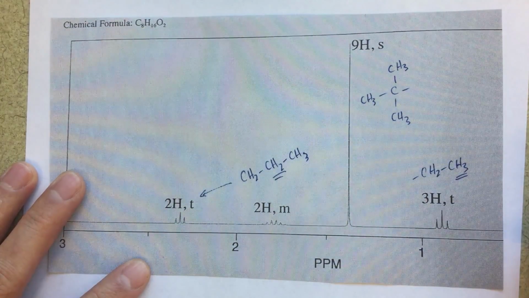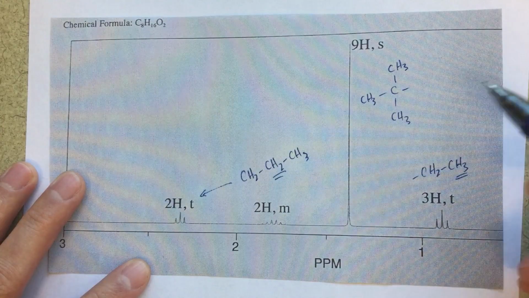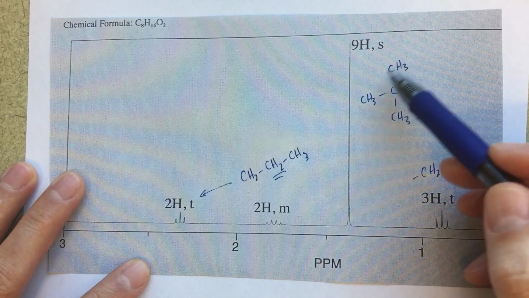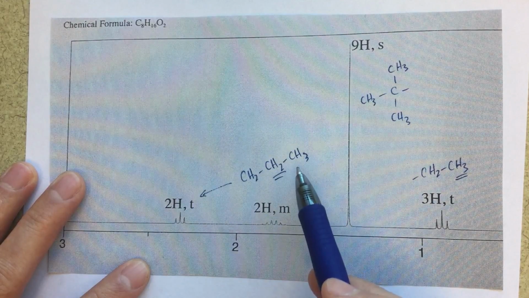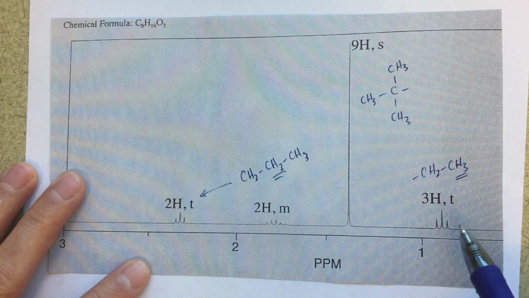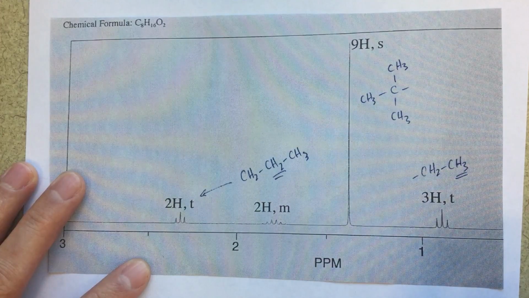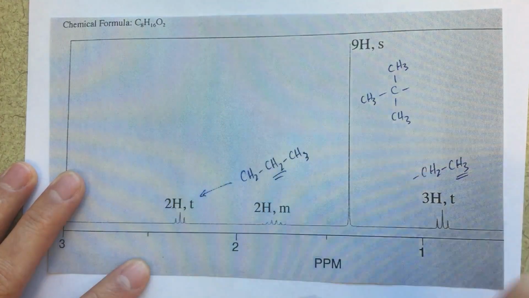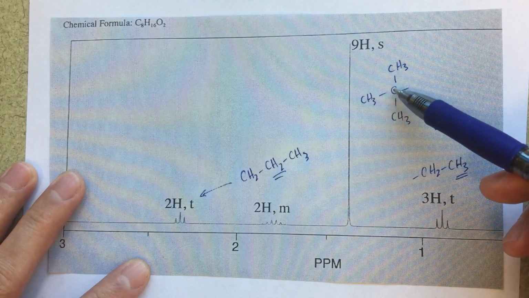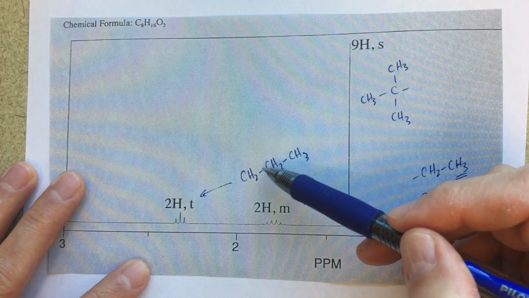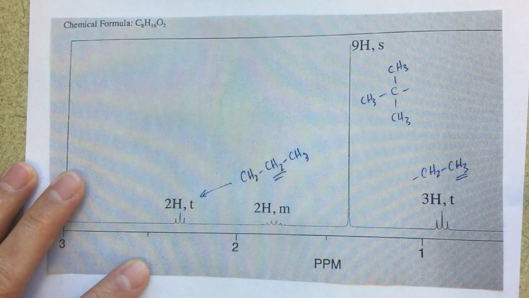Now I need to start putting things together. So I think pretty clearly we're going to have this group here, and then this chain, my propyl chain right here, really takes care of these 3 peaks, but we need to put these 2 things together, and we also have 2 oxygens missing so far. We also, let's count, 1, 2, 3, 4, 5, 6, 7 carbons, and I need 1 extra carbon.